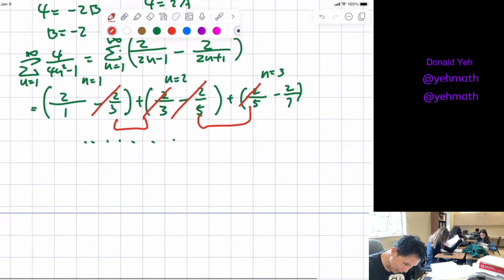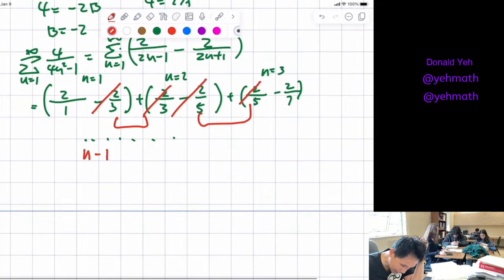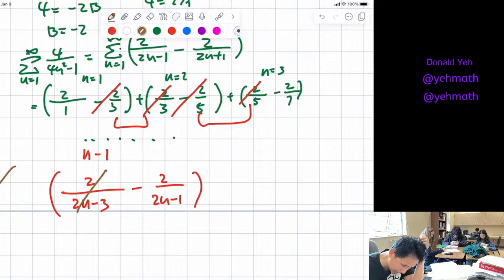So let's imagine that you have the n minus 1 term. Can you tell me what the n minus 1 term is? And give me a simplified version though. 2 over 2n minus 3? Is that right? Yes, indeed. And minus 2 over 2n minus 1. Now you remember this term is cancelled from before, right? Now let's say it's going to be n.